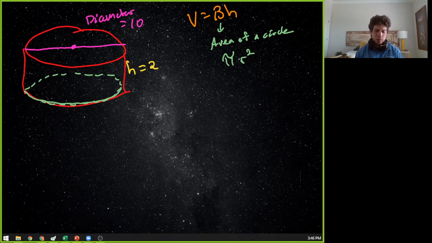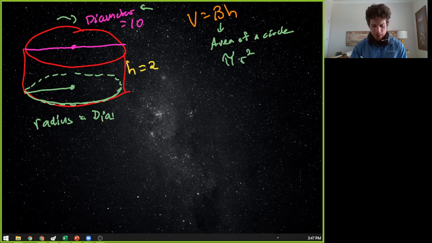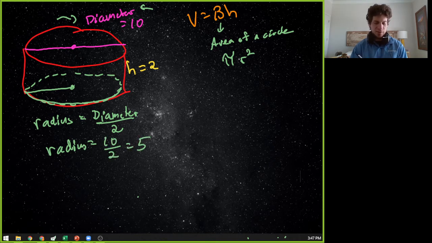If we look at this picture, we have a diameter, not the radius, but that's absolutely fine, because the radius is simply from the center point to the edge. So the radius is equal to half of the diameter, the diameter divided by 2. So what is our radius? We know the diameter is 10. We divide it by 2. So our radius is 5.